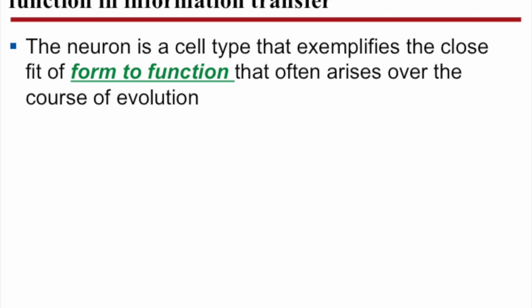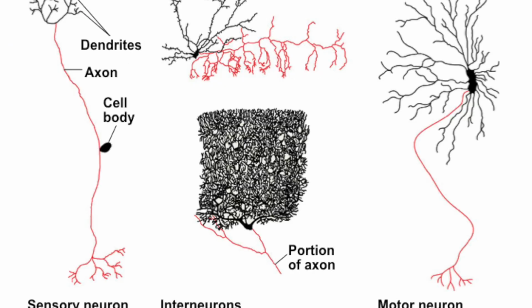There are basically only 3 types of neurons that you need to be concerned with. We will start with a standard neuron that has dendrites at the end where it receives information. It will have an axon where the cell body is, where it transmits a signal, and then it'll have these other branches at the end where it attaches to another nerve cell to transmit or give away its signal.